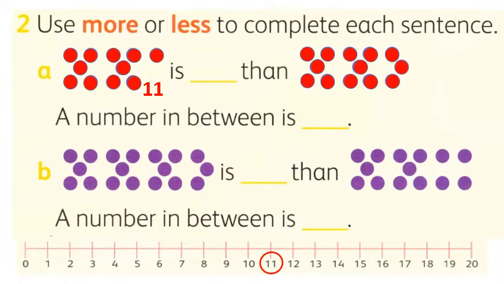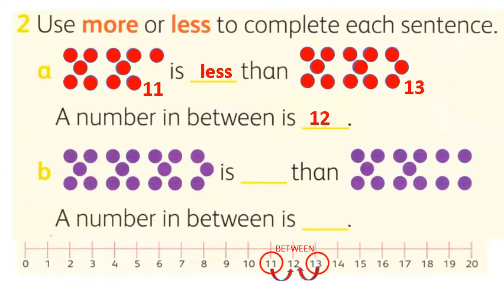On our number line, 13 is down here. So 11 is more or less than 13? That's right, 11 is less than 13. A number in between. So in between means more than 11 but less than 13. And so the number in between is 12.